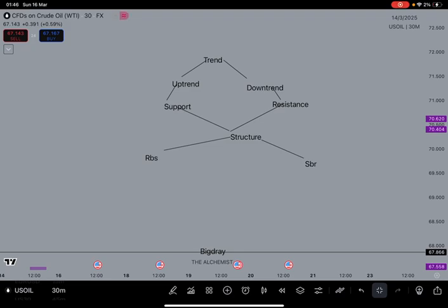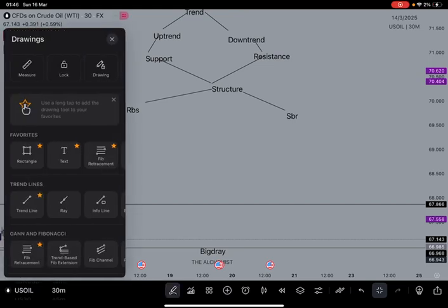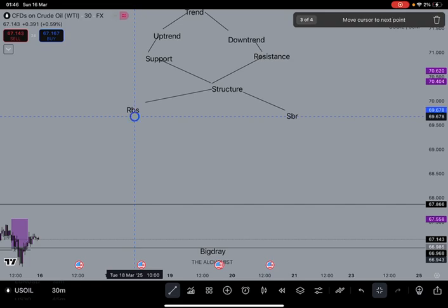So whenever we are taking a trade, let me start from there. Whenever we are taking a trade, our first thing to check is our resistance. Is it broken, or is there a liquidity sweep there? Let me show you what I'm trying to say.